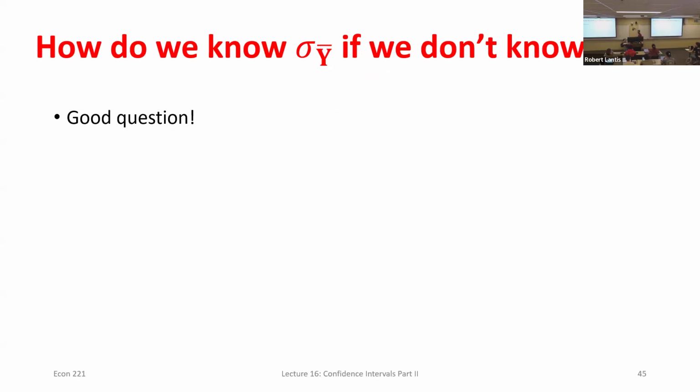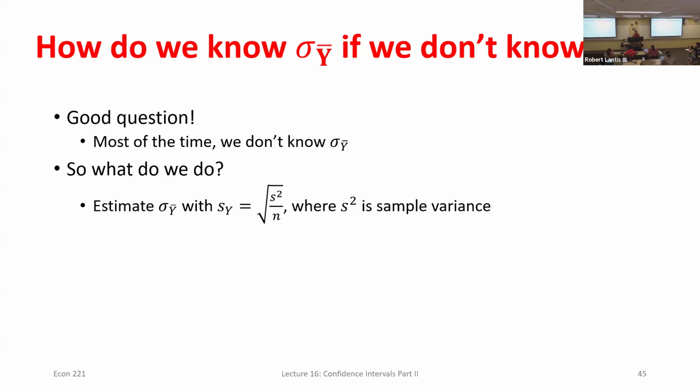Well, we don't know it. The best guess I'm going to have is my sample variance. So to calculate the standard deviation of my sample means, I'm going to have to use that sample variance that I found.